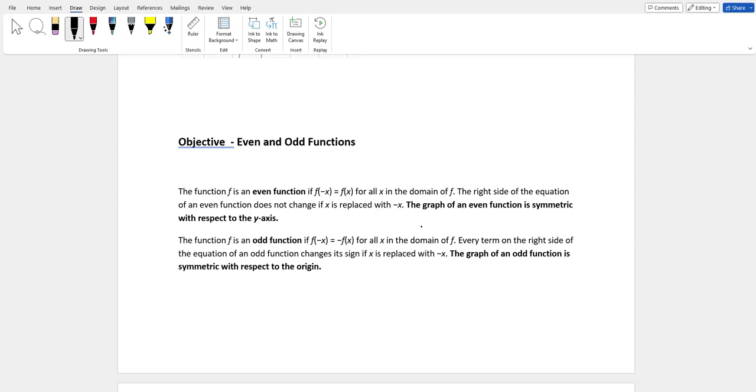Every term on the right side of the equation of an odd function changes its sign if x is replaced with negative x. The graph of an odd function is symmetric with respect to the origin. So once again, when we talked about symmetry about the origin, if you flip the graph upside down, it will look like the same graph right side up.